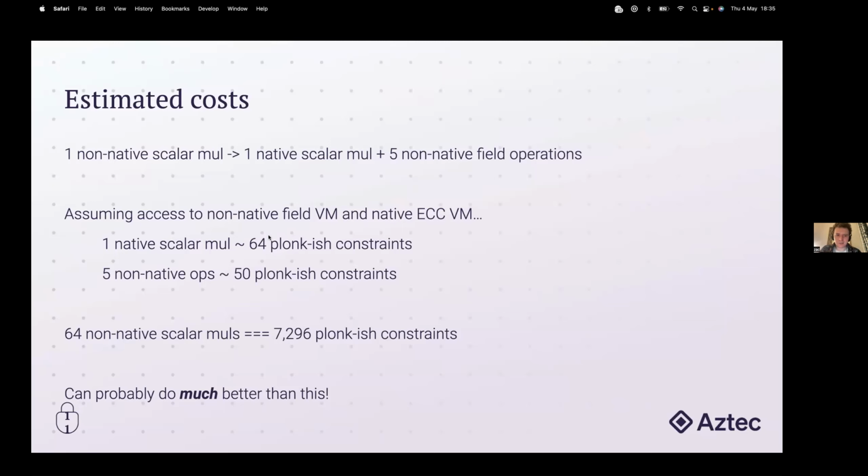I reckon the Goblin PLonK costs are probably about 8,000 Plonkish constraints. By Plonkish, I'm imagining width 4 ultra Plonk, because that's the one thing I'm most familiar with.